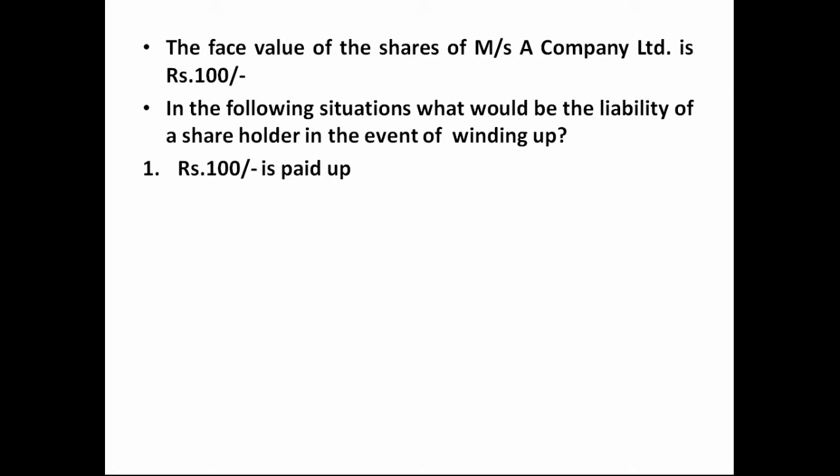Imagine the situations are: the whole of the 100 rupees is paid up, only 75 is paid up, and only 50 rupees is paid up. Just ponder over it. What would be the liability of a member if the company is wound up in these three different situations? I give you a little time to make up your mind.